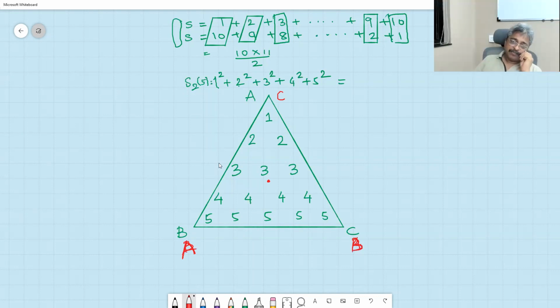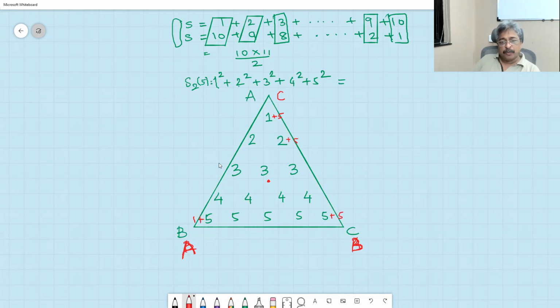I get CAB, but then nearest to C it was 5, nearest to A it was 1, and nearest to C again it was 5, correct? So after rotating, I should be able to write down who was his friend before rotating.